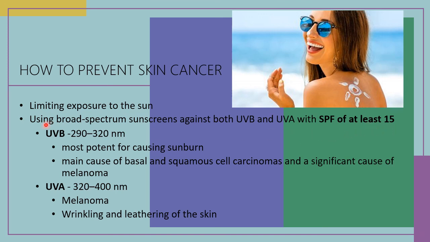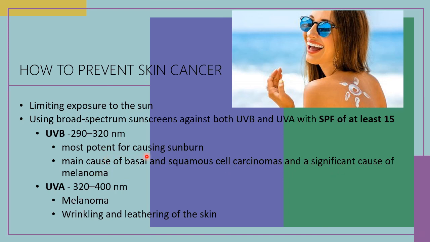So there are two types of UV radiation that play a role in developing skin cancer. Ultraviolet B radiation is the main cause for basal and squamous cell carcinomas and a significant cause of melanoma.